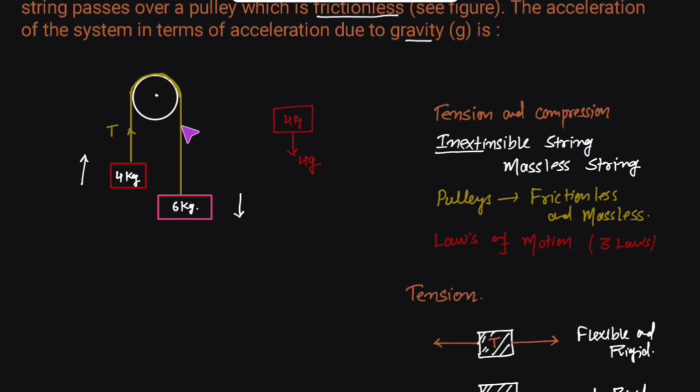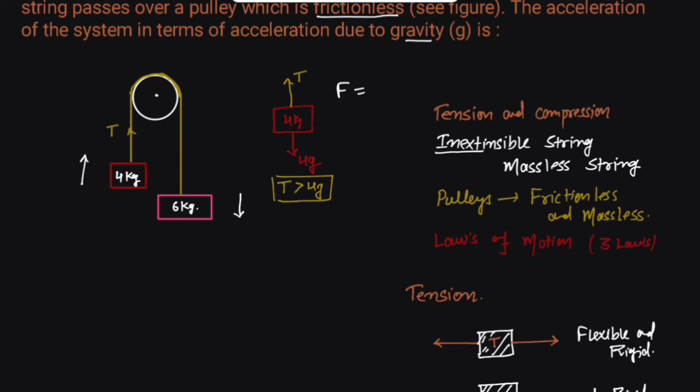So in this block, there would be an upward force T. T would be more than the weight. That is why this block is moving upwards and with some acceleration. So we know F is equal to ma. Force is equal to mass times acceleration, and this F is net force, not individual force. It is the net force, and this acceleration is the net acceleration.